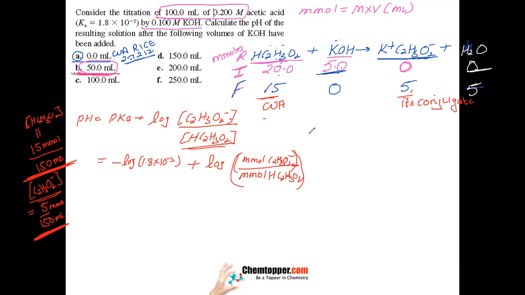Because the volume is the same, 150. When you plug in these values and take the ratio, 150 and 150 cancel out. Isn't it, children? Is this clear? I modified the equation, right? So how much is this?